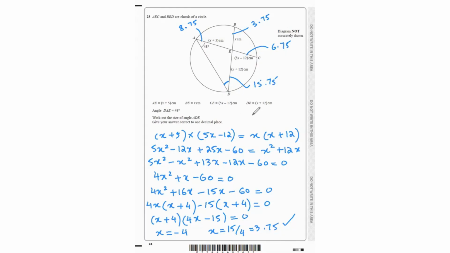So we have all of the lengths now. We have to find angle ADE. So if you notice, we have one complete set of angle and length now, which means we can use the sine rule to figure out angle D, because we already have the length which is opposite to angle D, that's 8.75. So just directly use the sine rule and we'll have angle D.